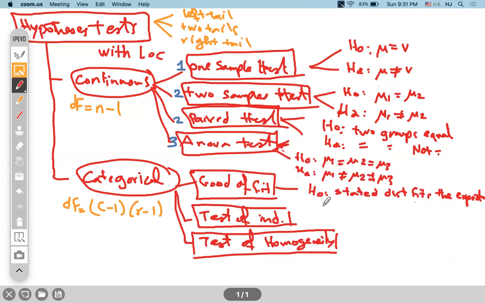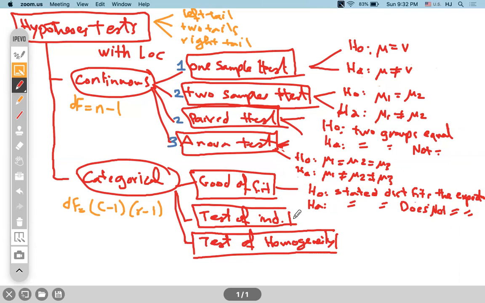So does the number of red, blue, and green colors selected by these people, let's say we run an experiment on 100 people, and some of them selected red, some green, some blue. We want to see, do these numbers fit with what we expect? That's the null hypothesis, it fits. And the alternative hypothesis is that the stated distribution does not fit what is expected.